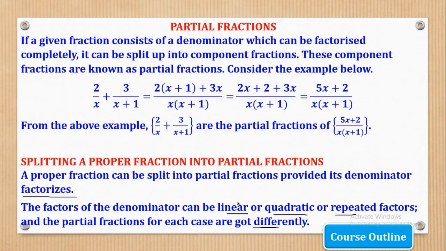So there are 3 cases of a fraction which can be split into partial fractions. One is where the denominator has factors which are linear. Case 2 is where the denominator has a quadratic factor. Case 3 is where the denominator has factors which are repeated. These are the 3 cases, and we are going to look at each one by one.